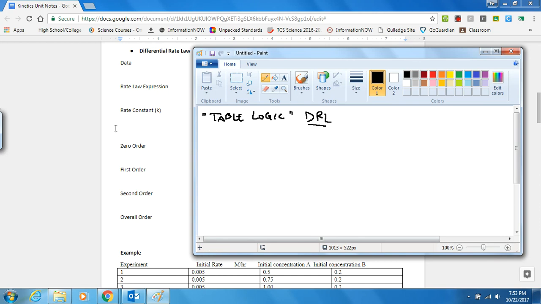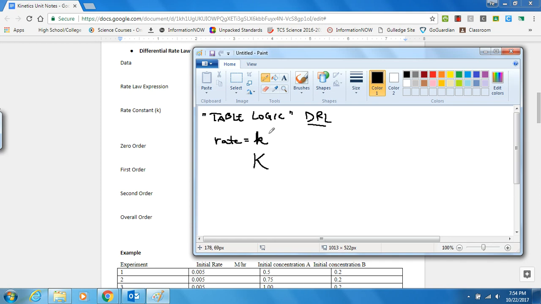Now, the rate law expression, and remember an expression means that I'm just putting in variables. I don't really put in numbers. We are going to write that as rate equals lowercase k, and I like to do it in the cursive k. If you put a big K, then that would be wrong, because big K stands for equilibrium constant. This little k stands for something called rate constant, which we're going to talk about next.